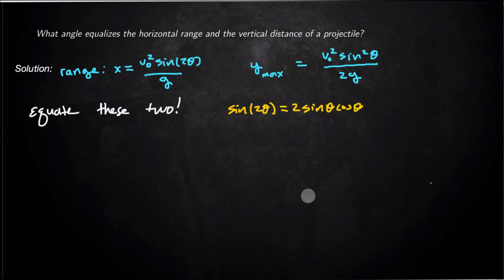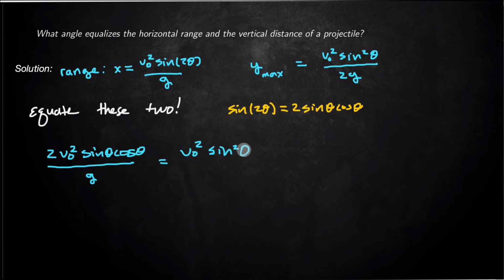If we use that identity and set them equal, we get 2 v0 squared sine theta cosine theta over g equals, so that's the x value, equals v0 squared sine squared theta over 2g.